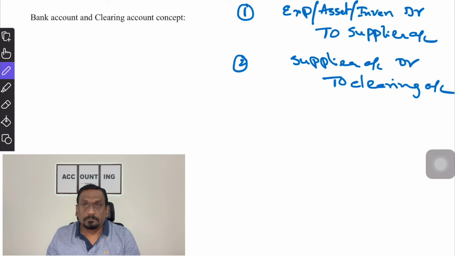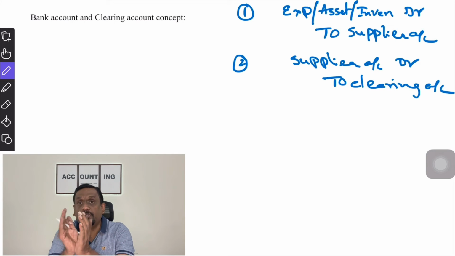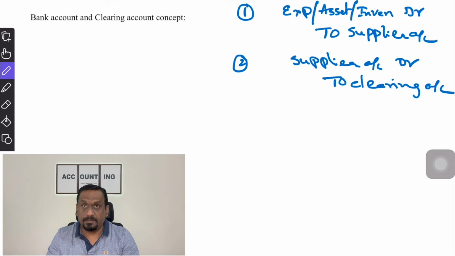After that, what will happen? This pay proposal goes to the bank. Then the banker will make the payment to those respective suppliers. When the payment is done by the banker to the respective suppliers, the banker records those transactions in our account, right?